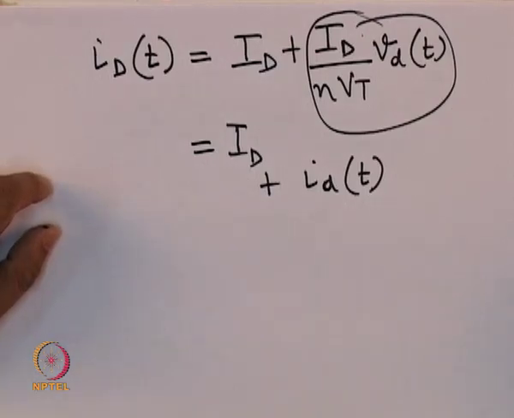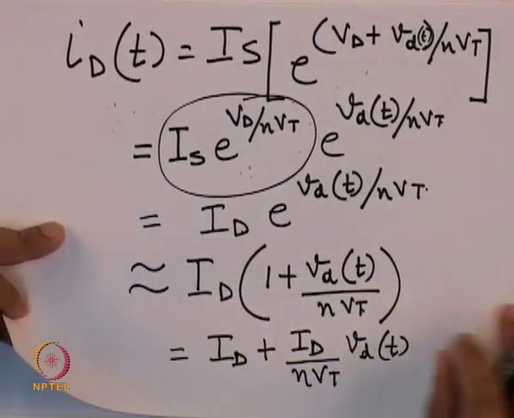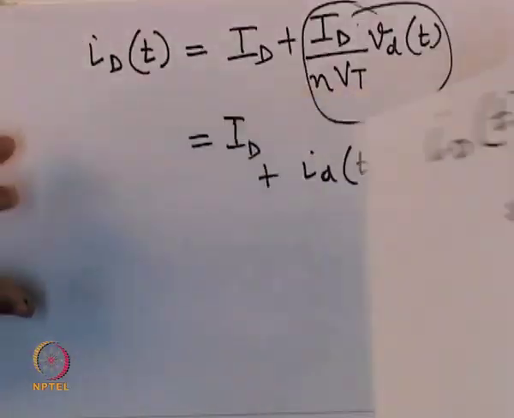Now, we had the expression for I capital D like this. If we differentiate this equation, let us see what happens.